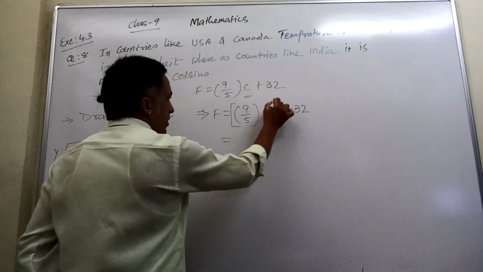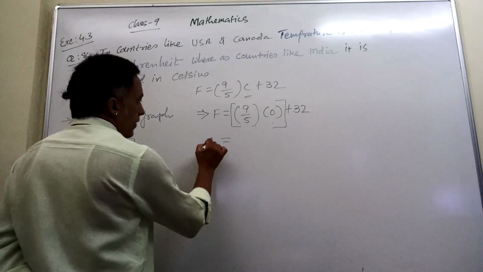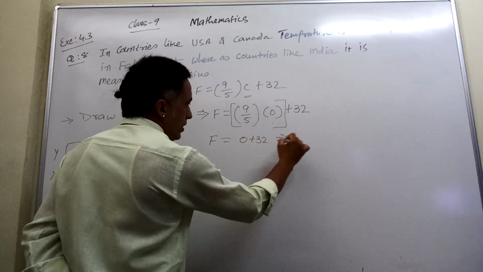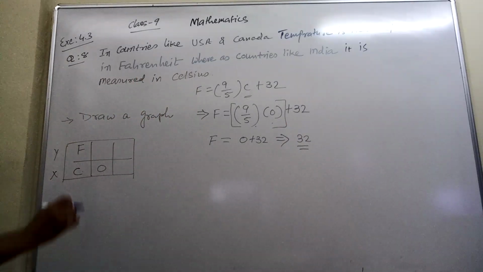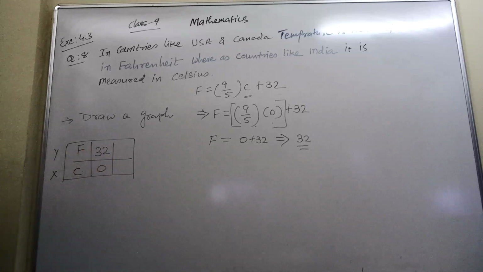As you know, these two terms are in multiplication, 9 upon 5 multiplied with 0, and any number multiplied with 0, the overall value is 0 itself. So I will get the value for Fahrenheit, that is 0 plus 32, and that results in 32 itself. So when the value of C is 0, I get the value for Fahrenheit as 32.